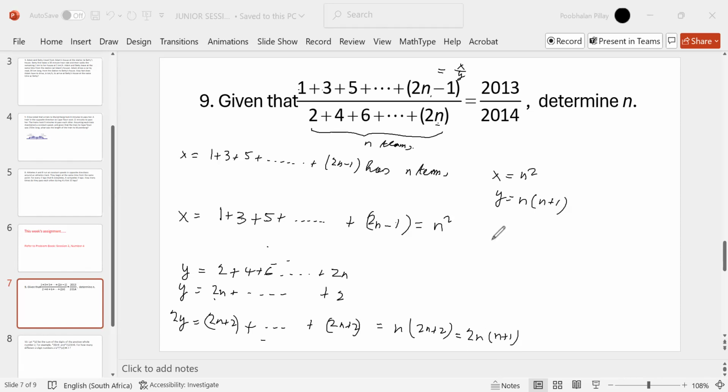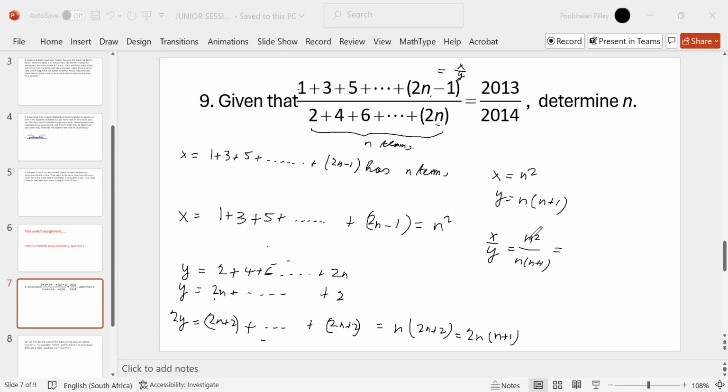The 2's cancel. So what we needed to calculate was x over y. I'm substituting now. We had a formula for x, which is n squared, and a formula for y, which is n into n plus 1.